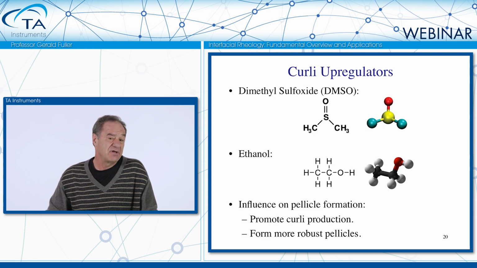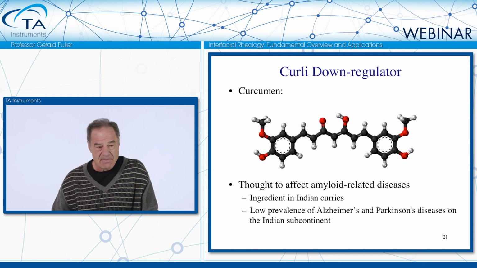Does it have an effect on biofilm? Ethanol, it's often used to our enjoyment, but it's also used as a cleansing solvent. So these are known to promote biofilm production. We wanted to see if we could see that in our rheology experiments.